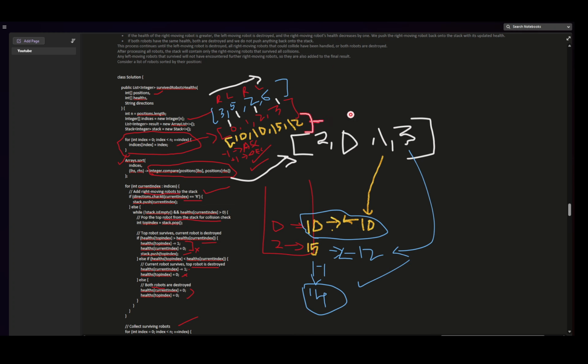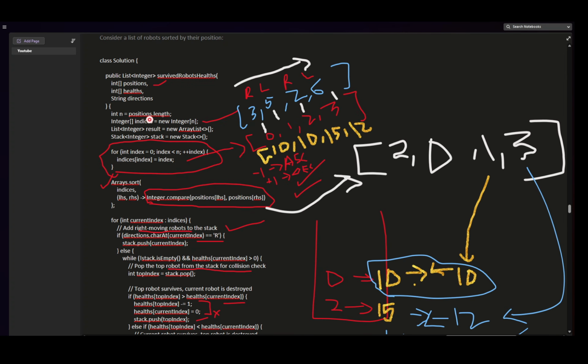First of all, we have to take the position length, that is, how many robots there are, and we have to take an index array. Why are we taking an index array?